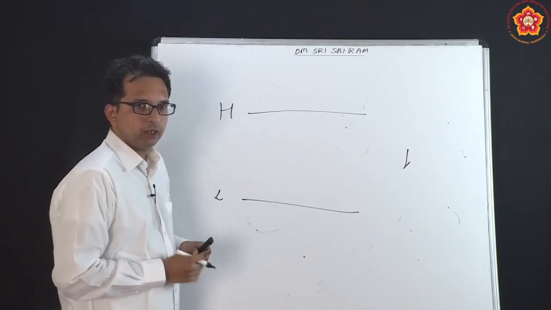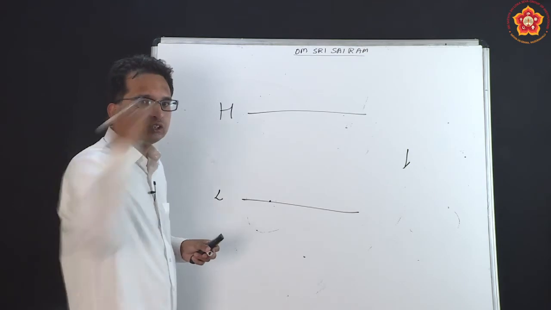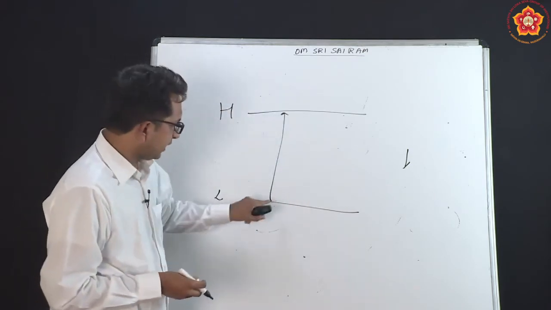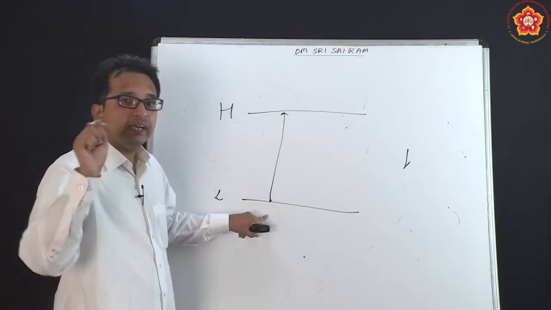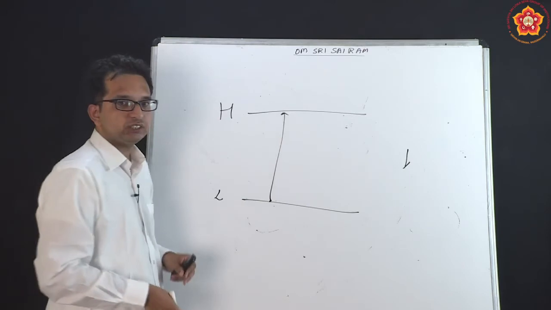If an atom or electron is present here, you need to supply energy so that it goes to the top, to the higher excitation state.